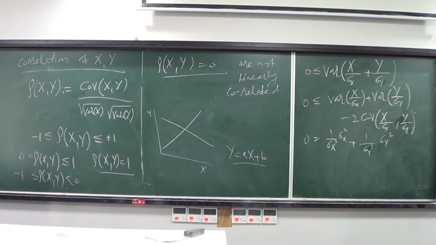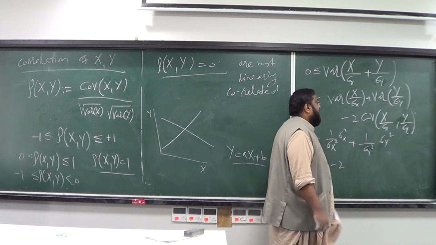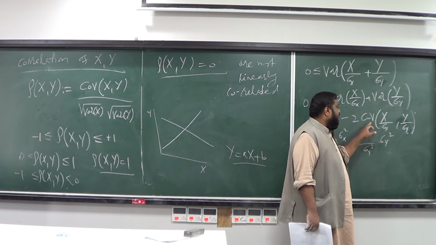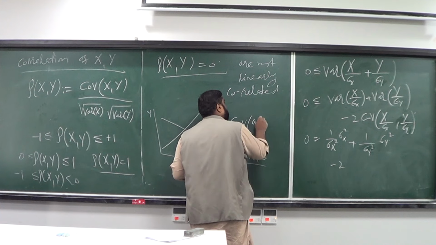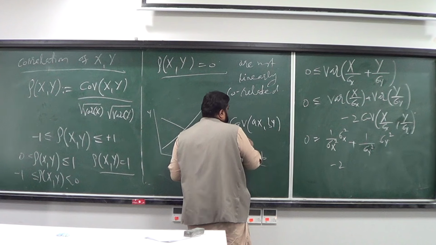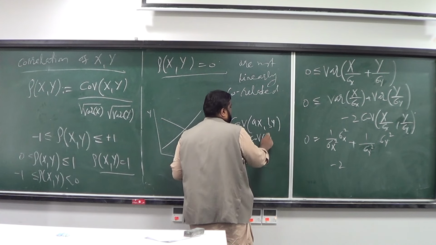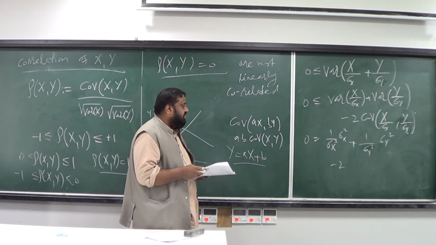By the property of the covariance, if you have the covariance of ax and by, you can pull out these numbers and simply compute the covariance of x and y.